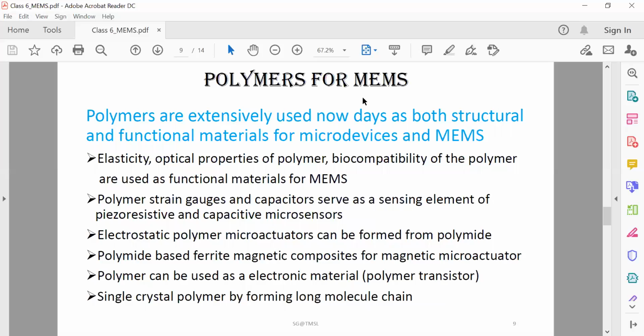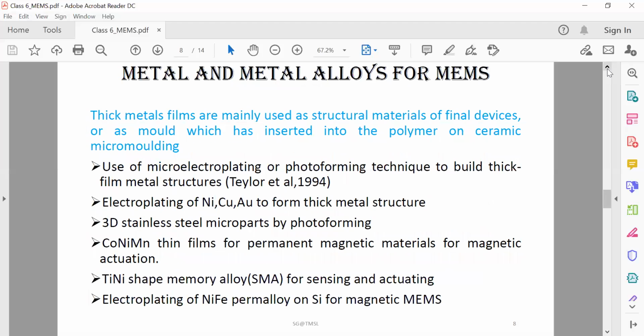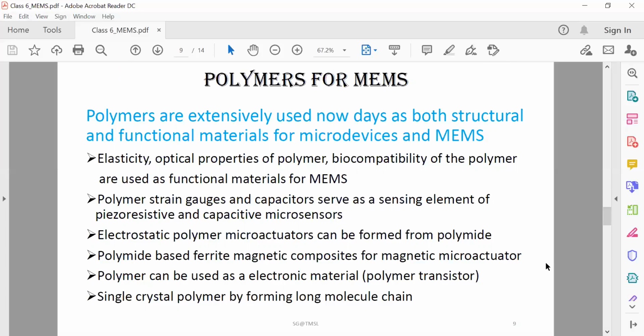Now I will discuss polymers. Polymers are extensively used in the current scenario as both structural and functional materials for micro devices and MEMS.